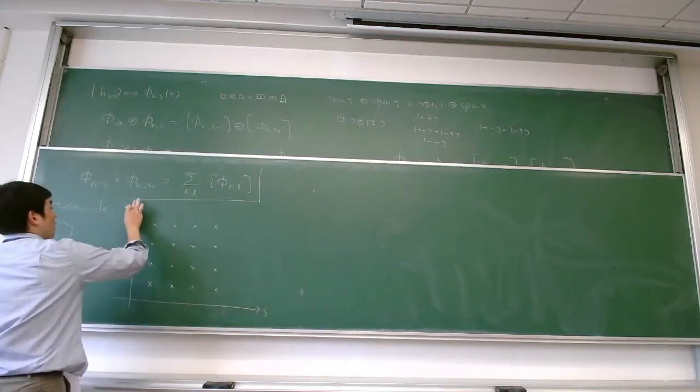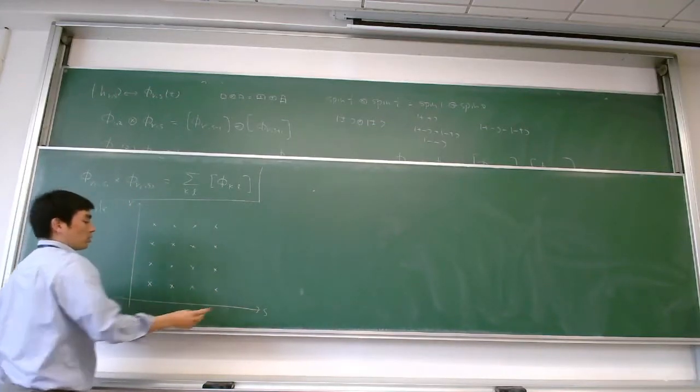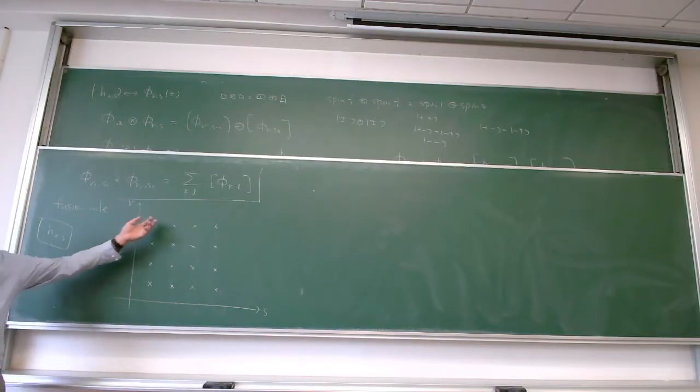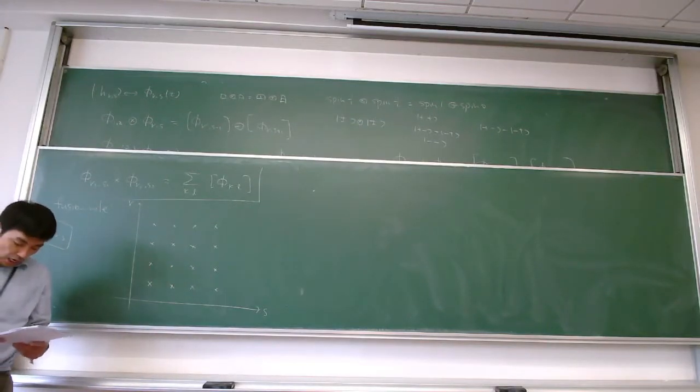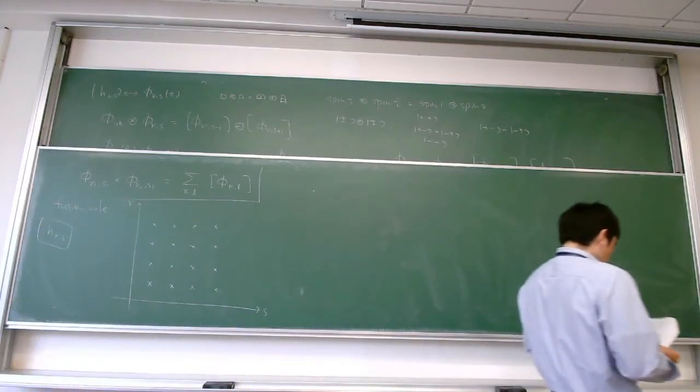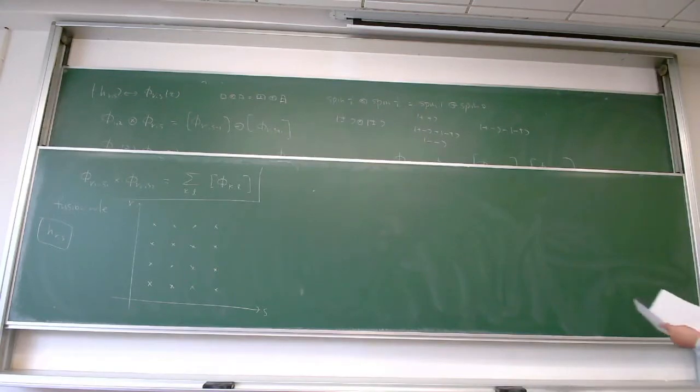So when R and S are integers, there are primaries.